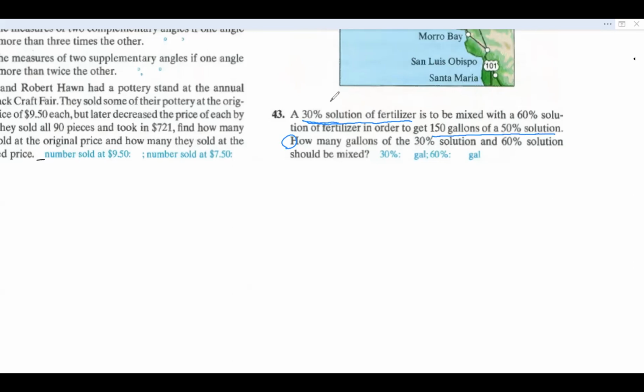Partially we got 30%, the other one got 60%. So x plus y mix together is still 150 gallons. The fertilizer inside x is 30%, the fertilizer inside y is 60%, and finally the fertilizer is 50%, right?